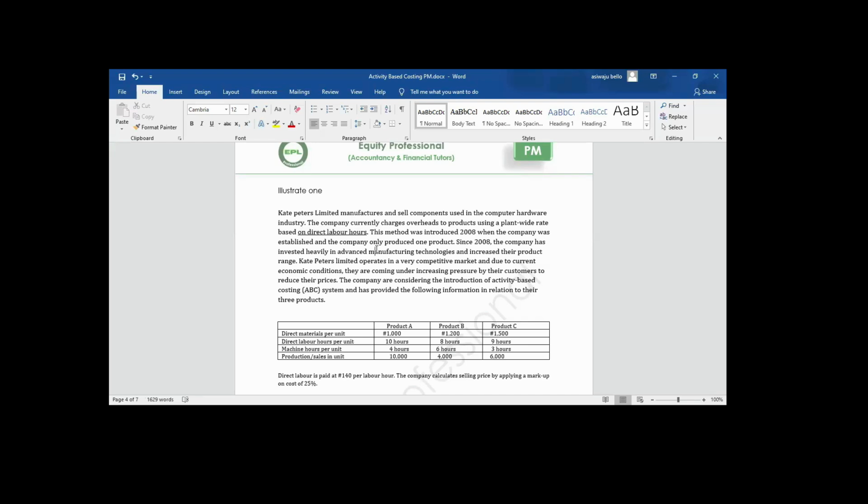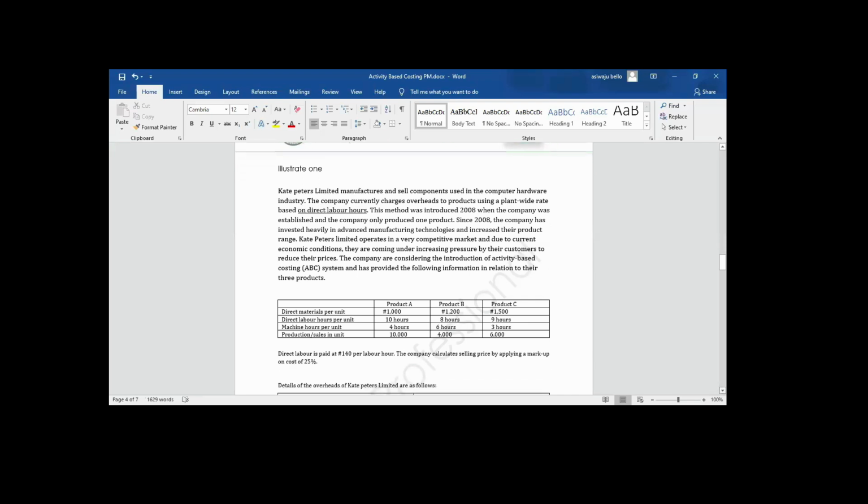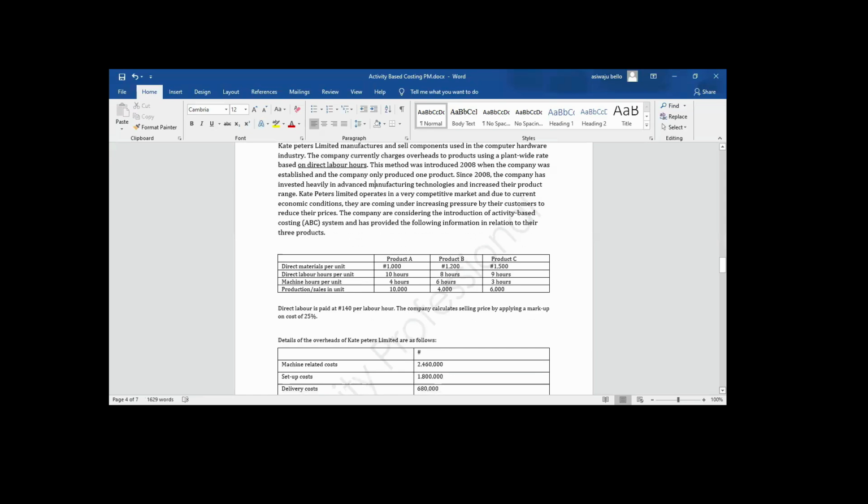The company has invested heavily in advanced manufacturing technologies and increased their product reach. Kate Peters Limited operates in a very competitive market, and due to current economic conditions, they are coming under increasing pressure by their customers to reduce their prices.